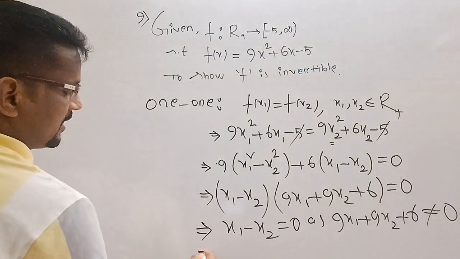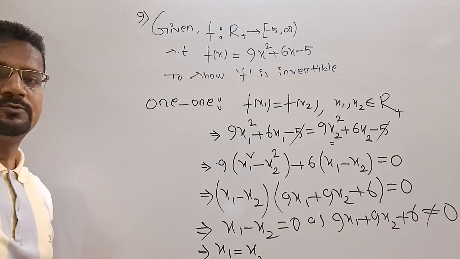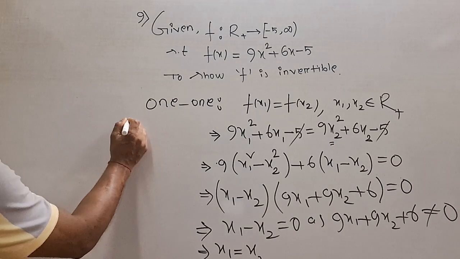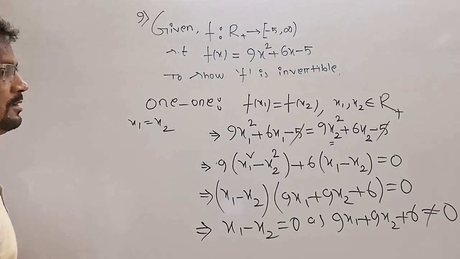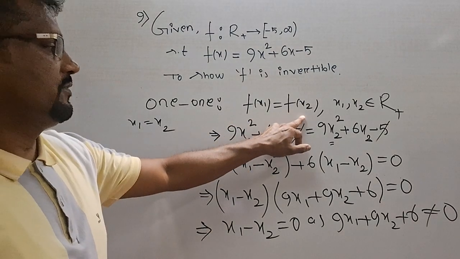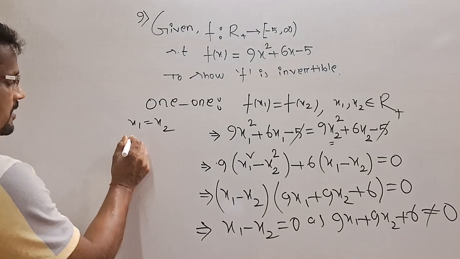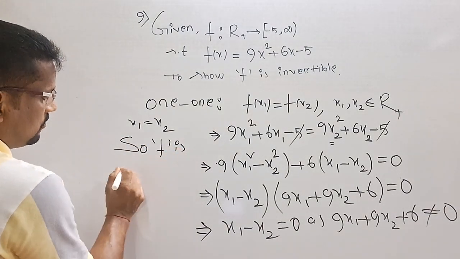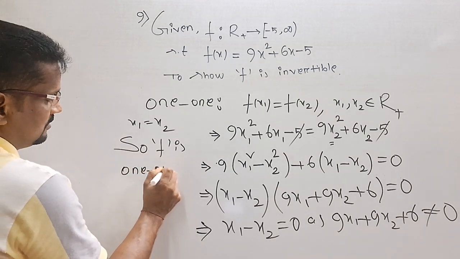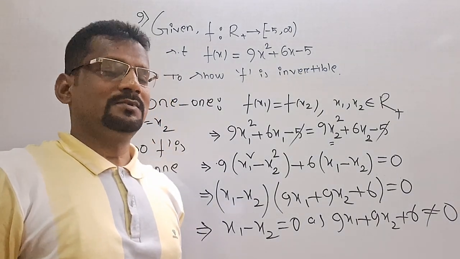Then finally you obtain x1 equal to x2. So whenever f(x1) equals f(x2), then we can show x1 equal to x2. So from here you can say f is 1-1, or you can say f is injective.